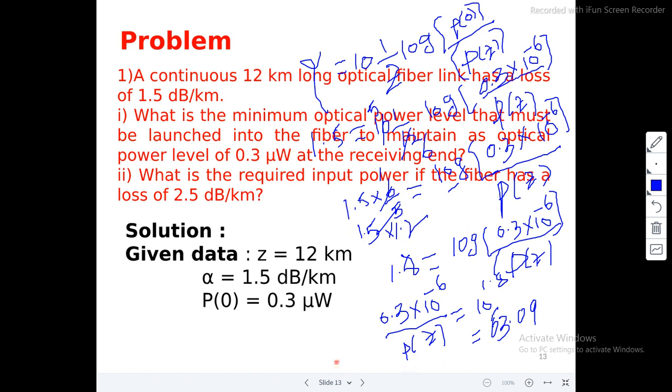I need only P of Z, so cross multiply: P of Z is equal to 0.3 by 63.09.